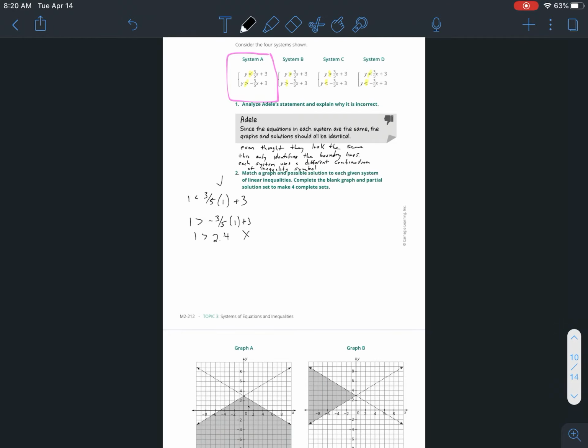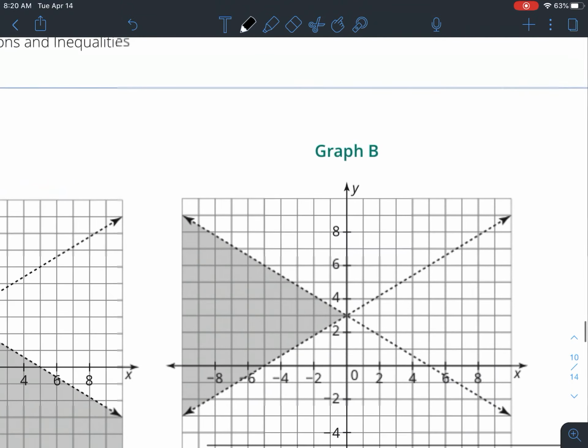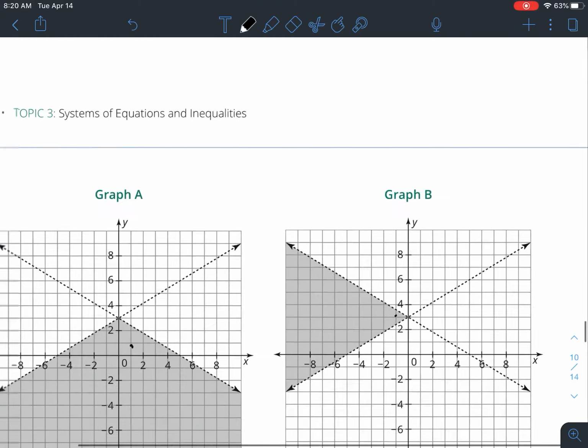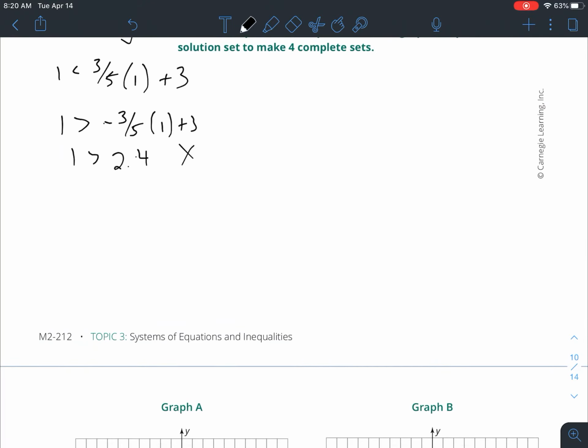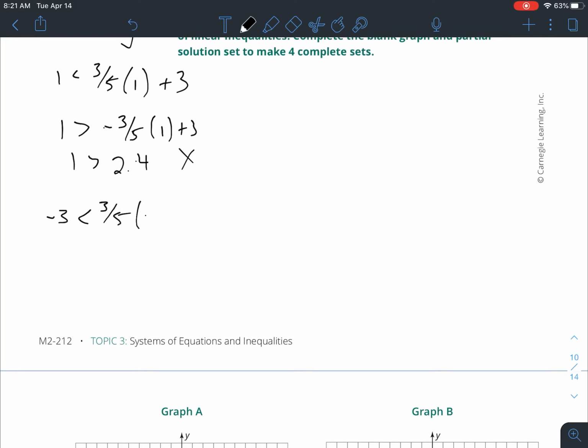Okay, so now let's try system A with graph B. Let's try our numbers as -1 and +3. So -3 is less than 3/5 times -1 plus 3, and -3 is greater than negative 3/5 times -1 plus 3.